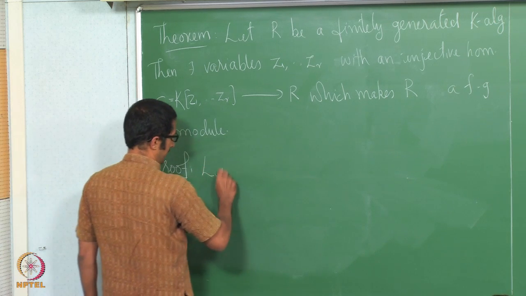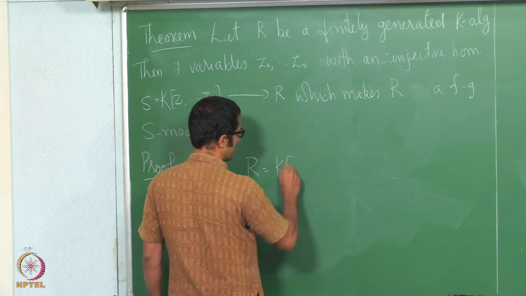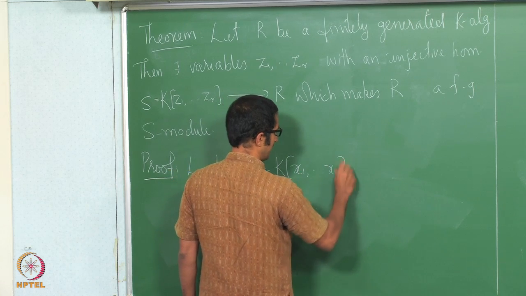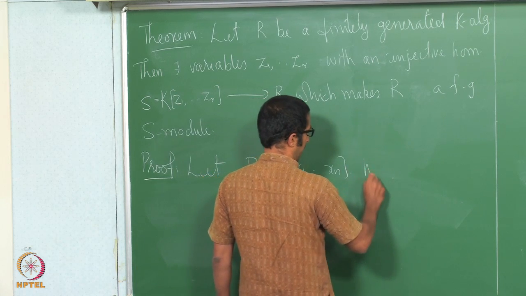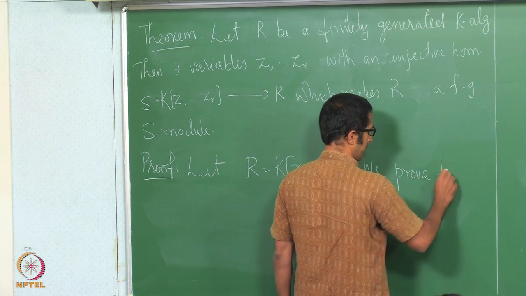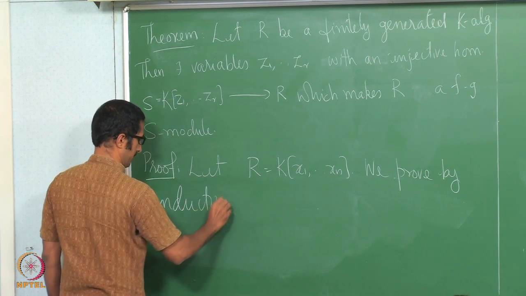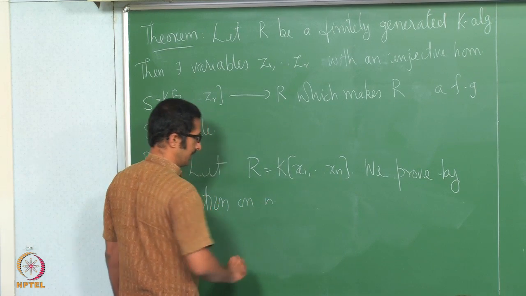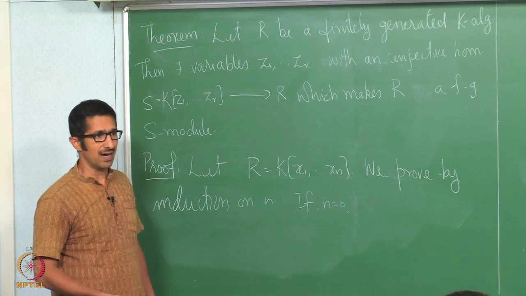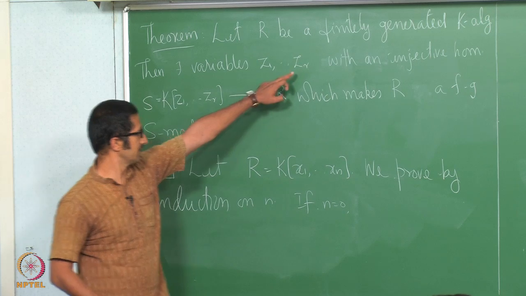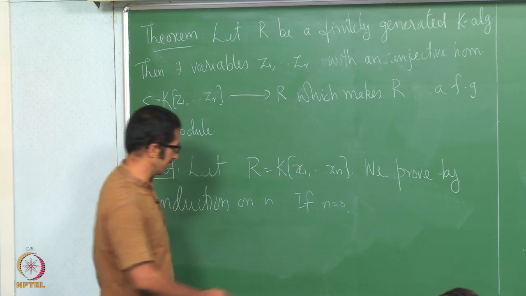So, first let R be a finitely generated K algebra. I can write R as k x1 up to xn. We prove the theorem by induction on n. If n is 0, R is k, we can take small r to be 0 itself, everything works.